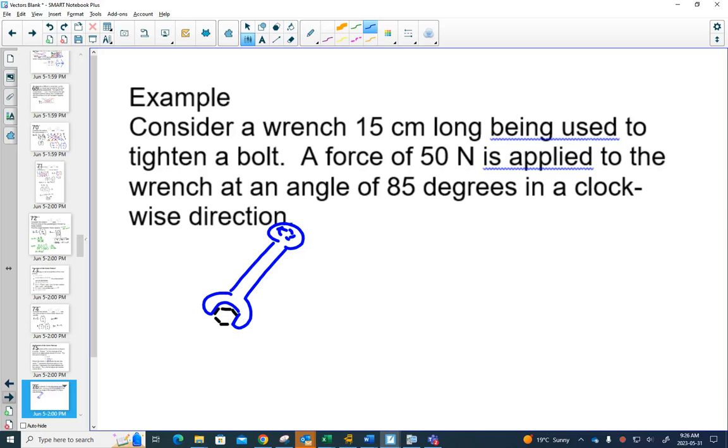If this is 15 centimeters long, and you want a force of 50 newtons in a clockwise direction, so I am pushing on this here with 50 newtons at an angle of 85 degrees.